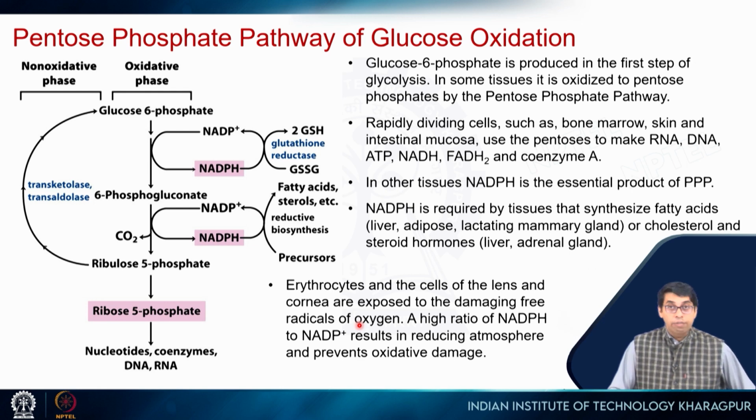And these free radicals of oxygen or superoxide, these are reactive oxygen species and they can cause a lot of damage to the cells, right. So, these reactive oxygen species have to be quickly neutralized and that is done by NADPH. So, a high ratio of NADPH to NADP plus results in a reducing atmosphere and prevents oxidative damage. So, this is something that is very important. So, production of NADPH is important, which is done by this particular pathway.